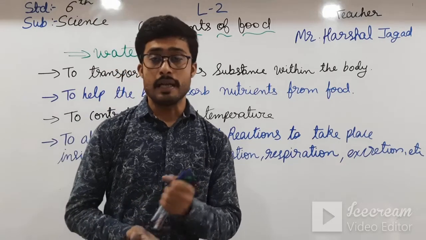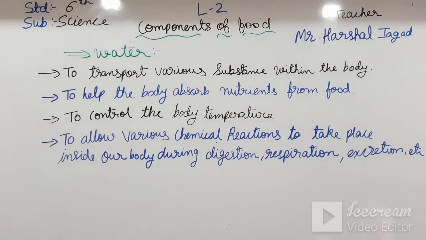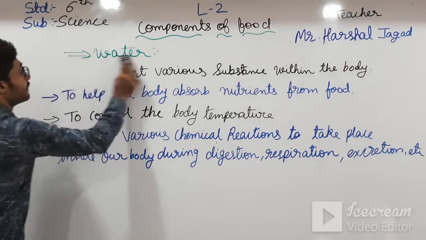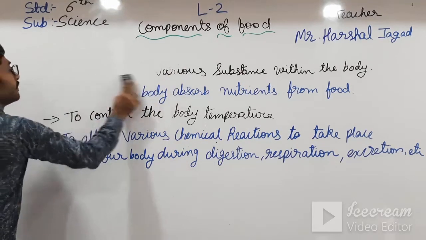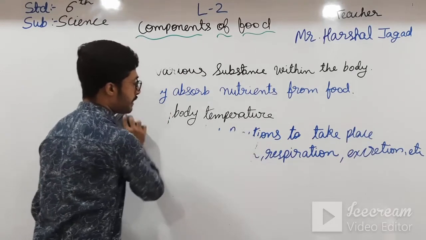Okay students, so the next is balanced diet. Let us see that. First of all, what is a balanced diet? Can anybody tell me, students, what is a balanced diet?